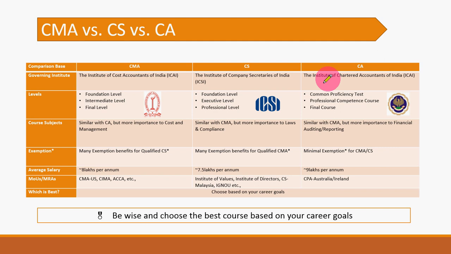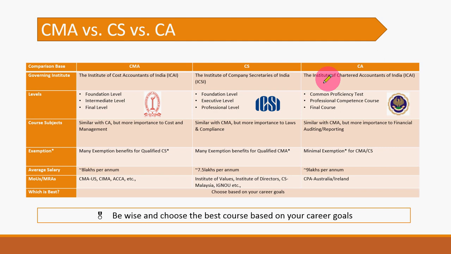Having said that, the CMA course is almost similar to CA, but we, that is the ICMAI Institute, give more importance to cost and management topics and some of the laws and other stuff, including taxation.